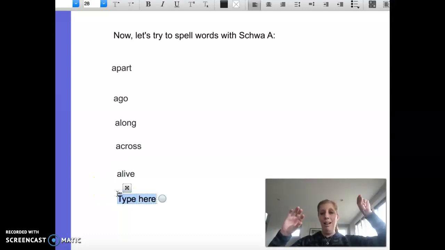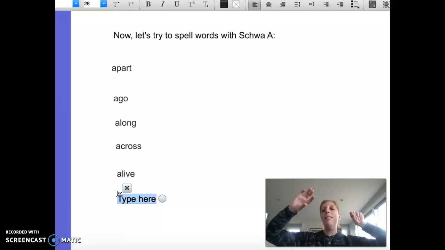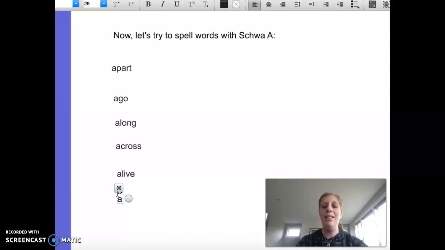So the first syllable is "uh" and the second syllable is aid. Afraid. So we know the first sound is A, and then F-R. Now I hear a long A sound. So it could be just A. That looks like a "frad" to me.